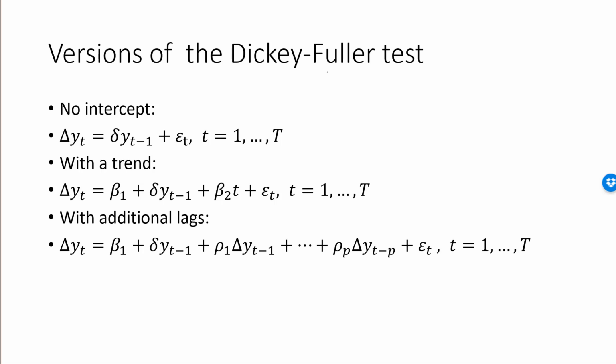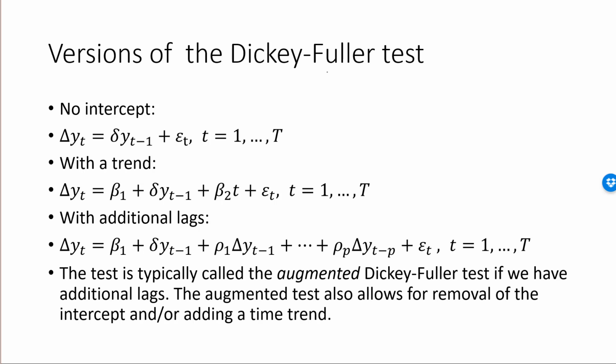We've added delta yt minus 1 with the parameter rho 1 going all the way to delta yt minus p with the parameter of rho p. The null hypothesis for a unit root is the same in all these cases, namely delta equal to 0. So it's quite common to call this test the augmented Dickey-Fuller test if you add these additional lags of delta yt.